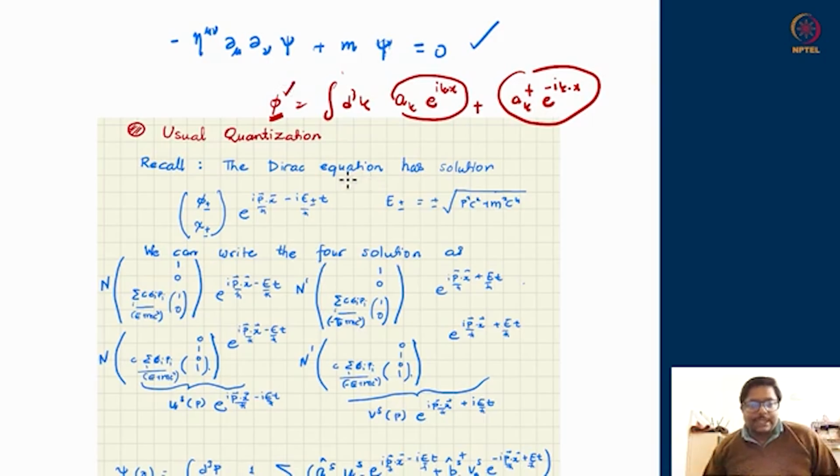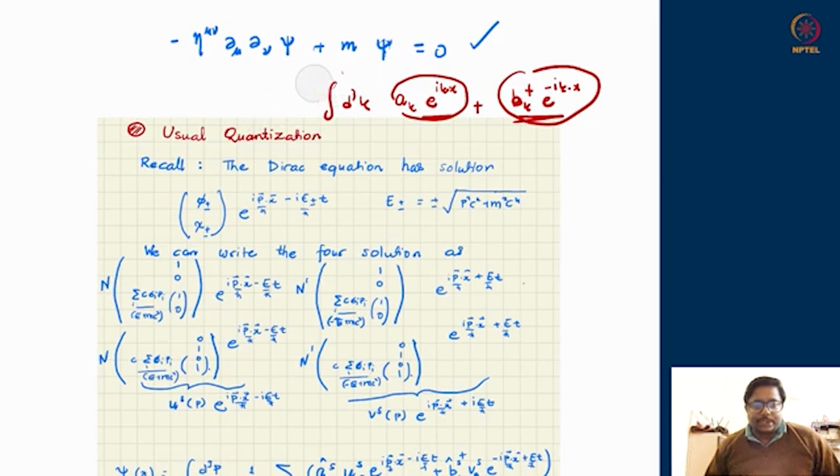But suppose you drop the requirement of having a real phi, then there is no reason that these quantities should be Hermitian conjugates of each other. In principle, I can put a different b of k over here and get my business done. Initially, remember, we had started like that, and then we imposed the reality condition.